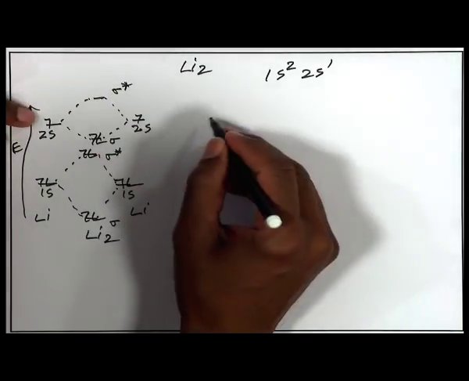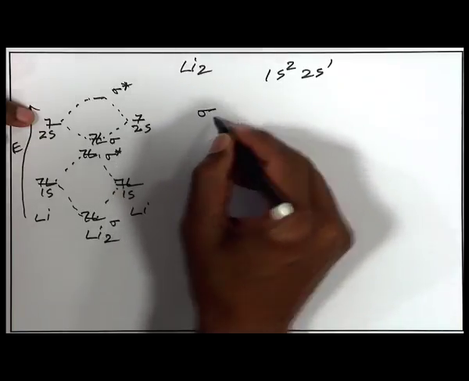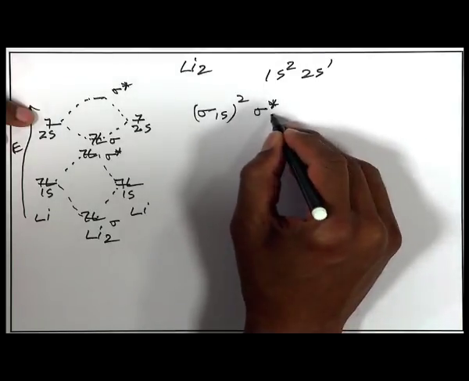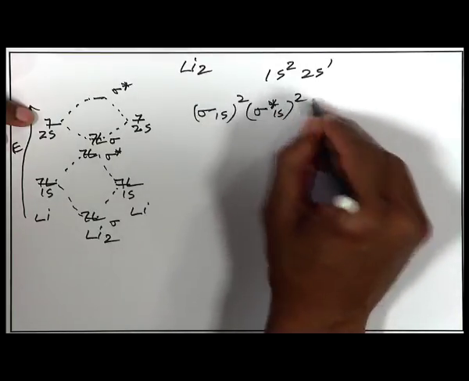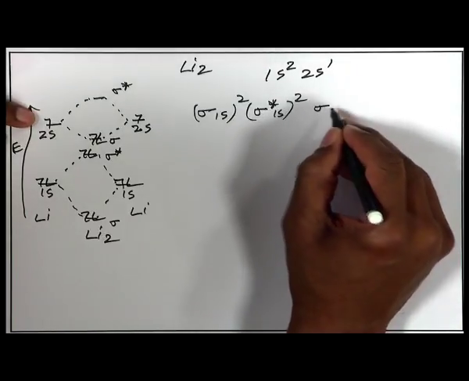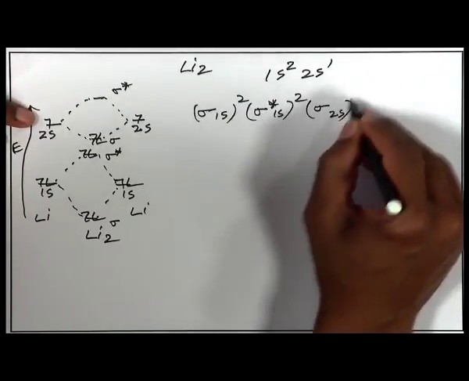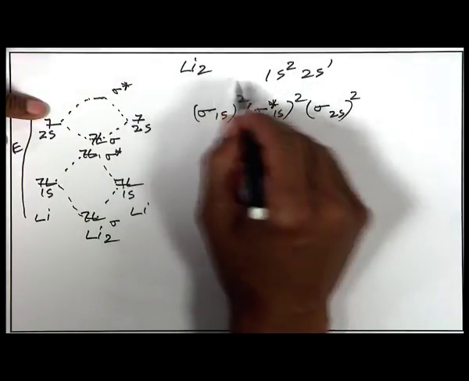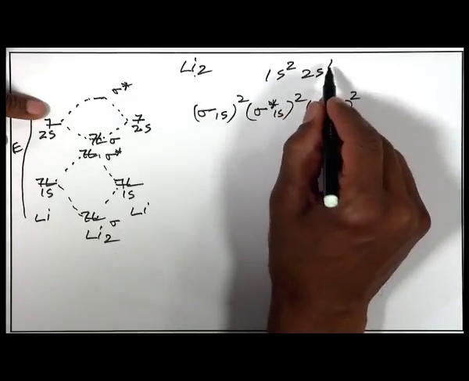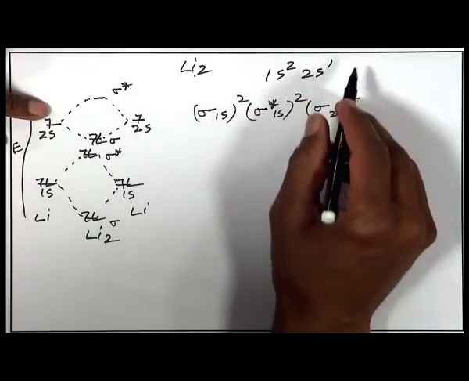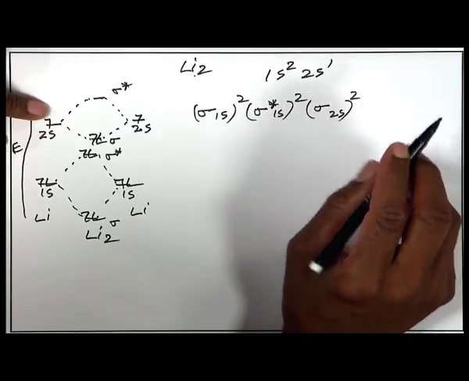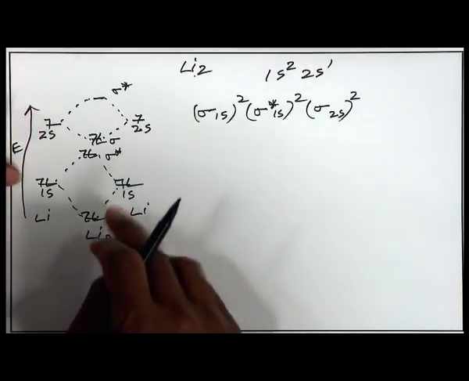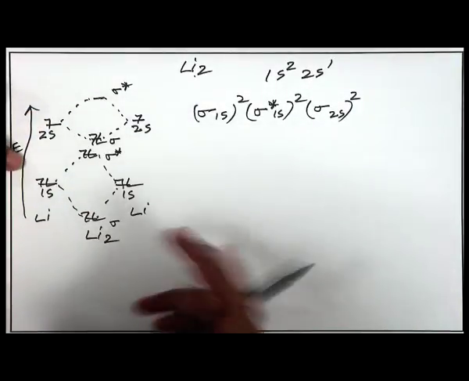Now, the molecular electronic configuration is sigma orbital formed by the 1s orbital containing 2 electrons, then sigma star orbital formed by the 1s orbital containing 2 electrons, and then a sigma orbital formed by the 2s orbital containing 2 electrons only. So, in total 6 electrons, because 2 lithium atoms are combined, each lithium atom has 3 electrons. So, Li2 contains 6 electrons: 2 plus 2 plus 2. The number of electrons is the same after forming molecules, and the number of molecular orbitals should be the same as the number of atomic orbitals combined.